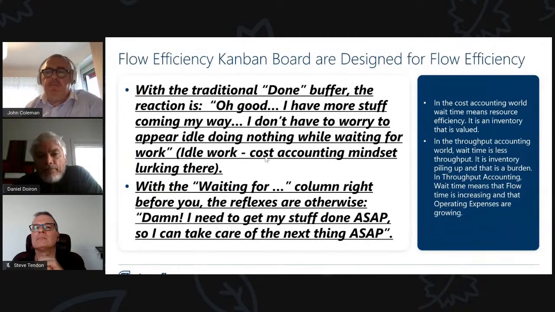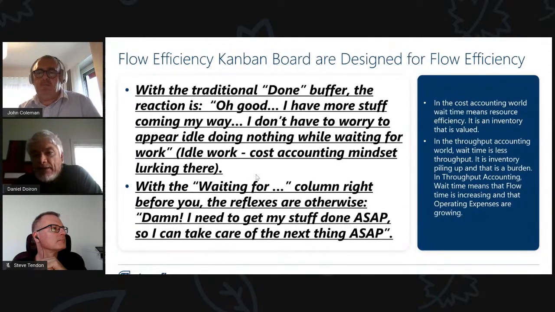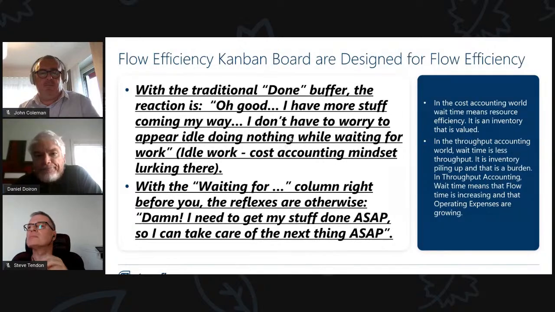So the done buffer is basically, like, hey, I had a good day and things are done. It's a cost accounting mindset. While the waiting for column is, damn, I need to get my stuff done ASAP so I can take care of the next thing ASAP. So again, there is a cost accounting and throughput accounting dimension to the done buffer and the waiting for column.